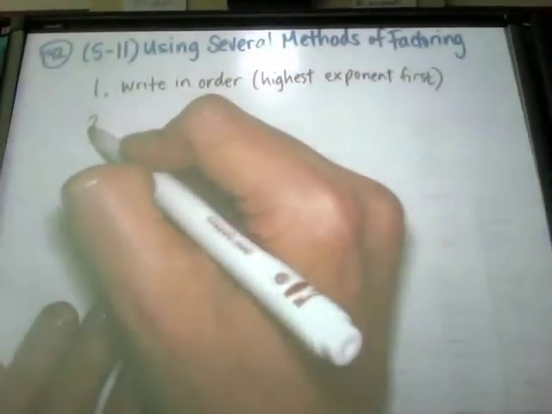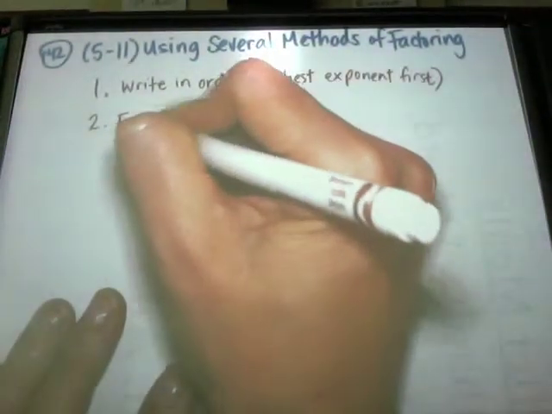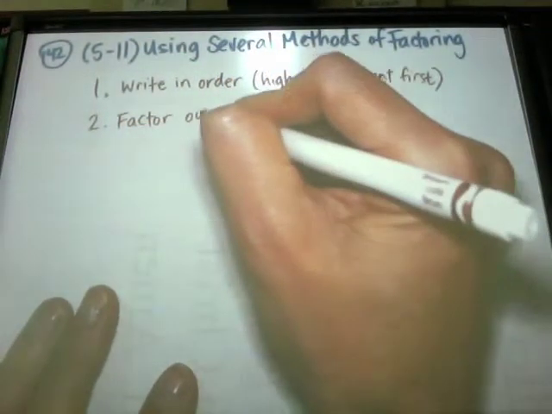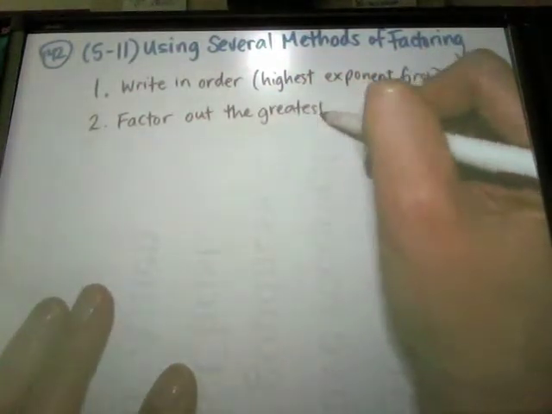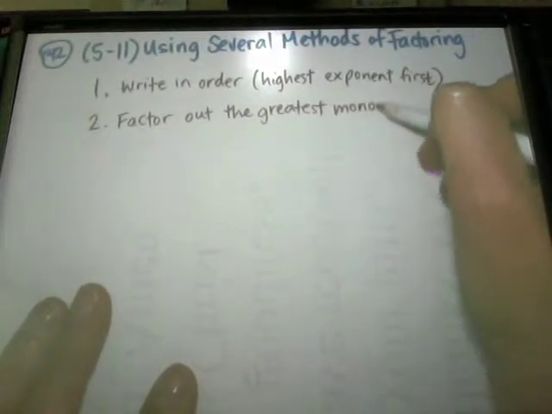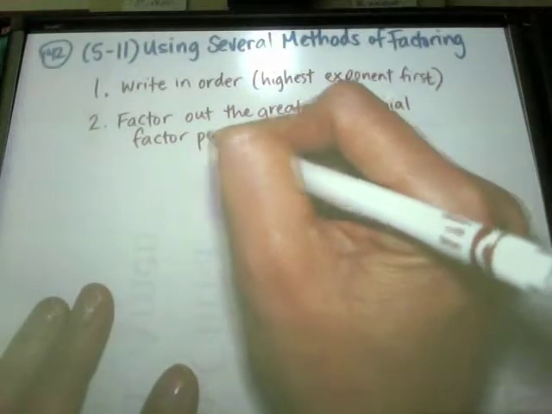Step two. Factor out the greatest monomial factor possible.